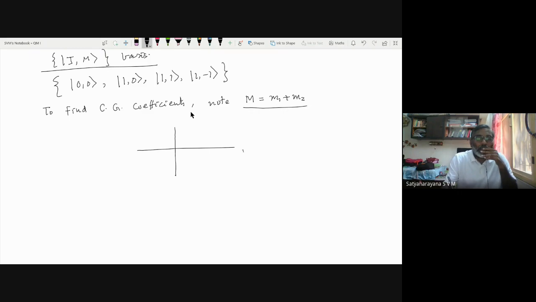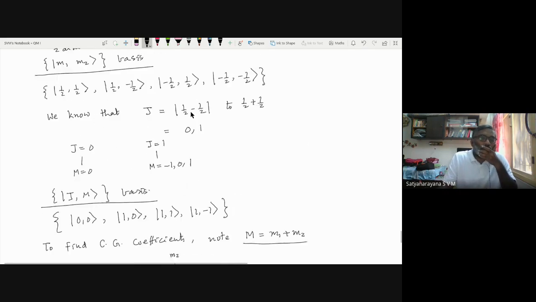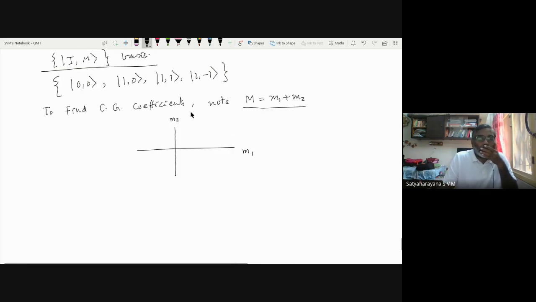So let us say M1 axis is here and M2 axis is here, and then represent each one of these m1, m2 bases in terms of some points. For example, I have a point here, and this is representing a state half comma half. And then I have a point here which is representing a state half comma minus half.